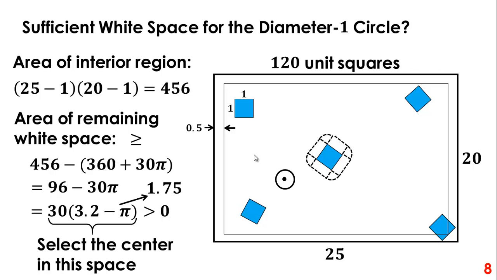So we won't have any overlap with any blue square or with the edge of the rectangular paper, because we considered all those factors. In this way, you see, we solve the problem. We find a location for the center of the diameter 1 circle. So we find a solution.